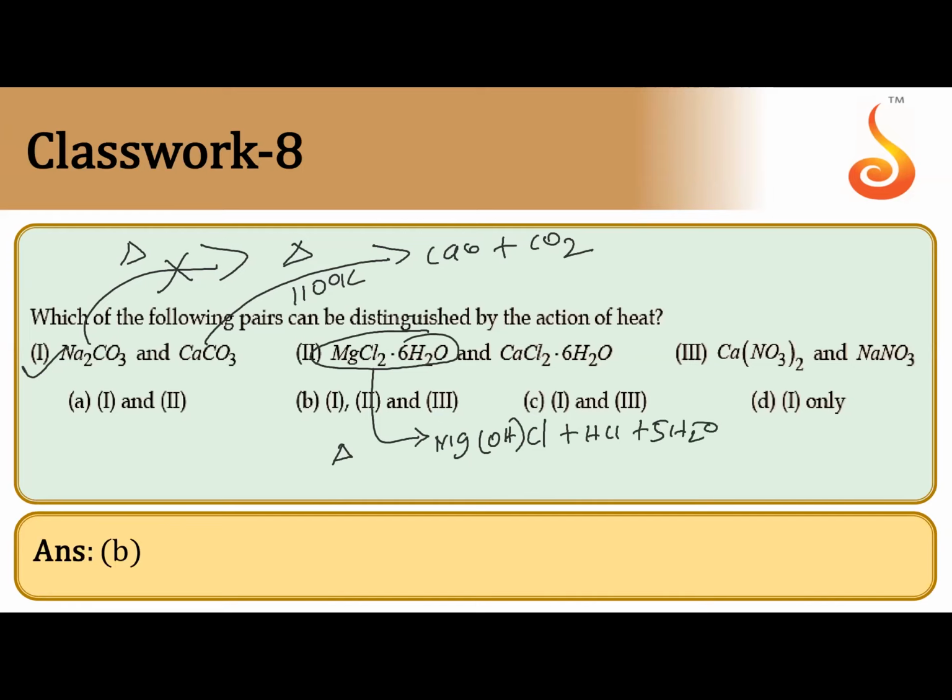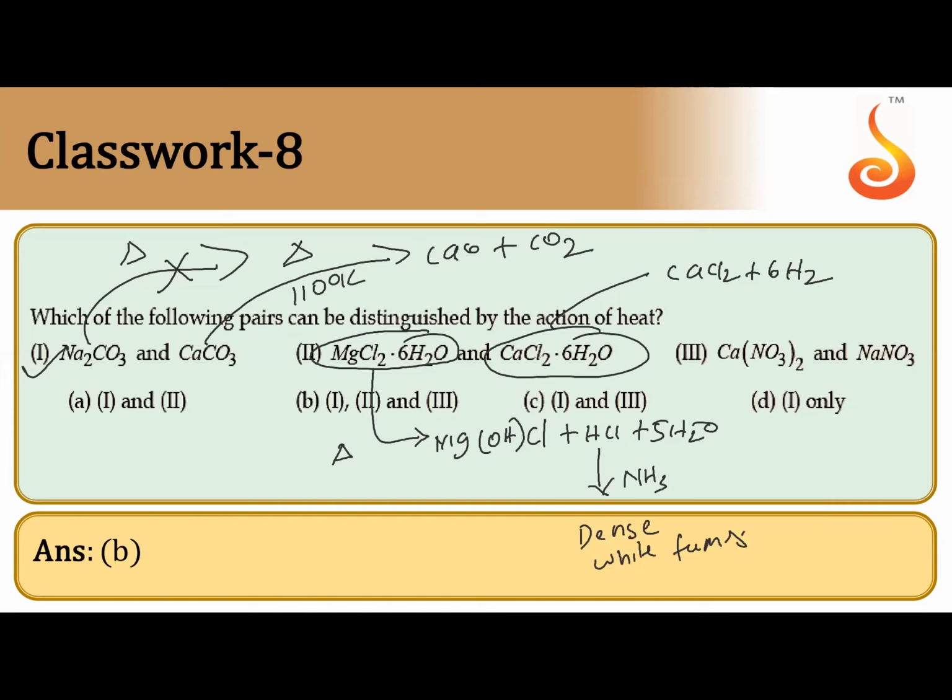If you heat calcium chloride, you will get CaCl2 plus 6H2O. If you introduce this HCl in ammonia solution, you will get dense white fumes. Therefore, you can distinguish this also by action of heat, right?